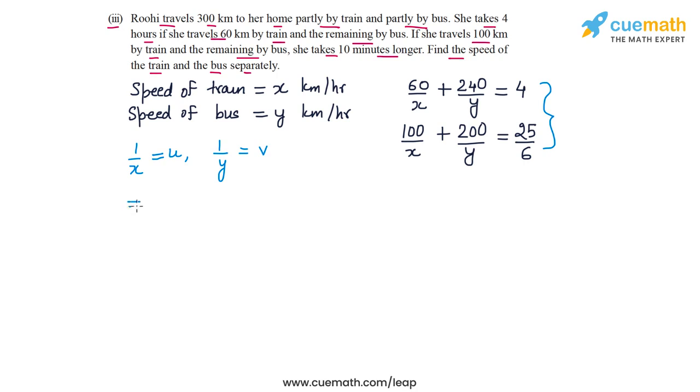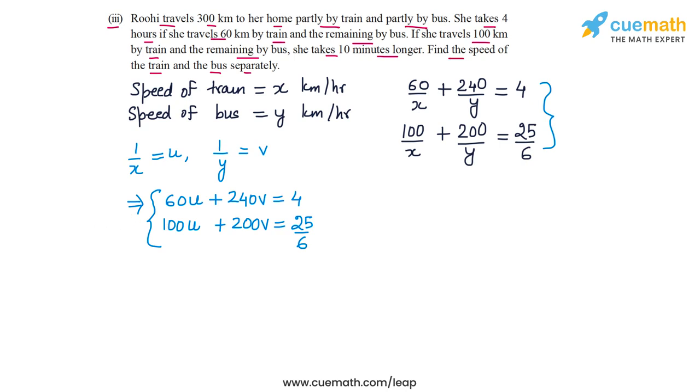So this turns the first equation into 60u plus 240v is equal to 4, and the second equation becomes 100u plus 200v is equal to 25 by 6. So now we have a pair of linear equations in u and v.